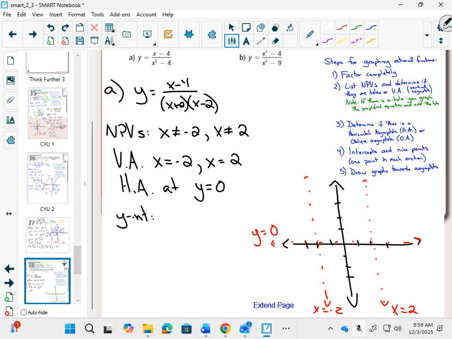Label all your intercepts. So the y-intercept, that's the easiest one. You plug in 0 for x, and you will get 1.